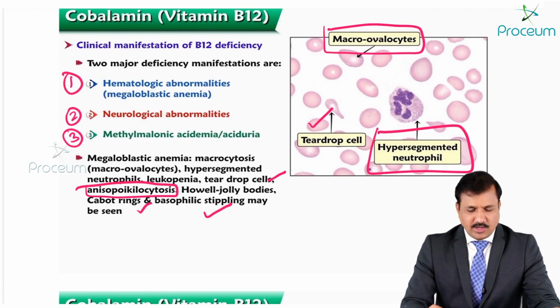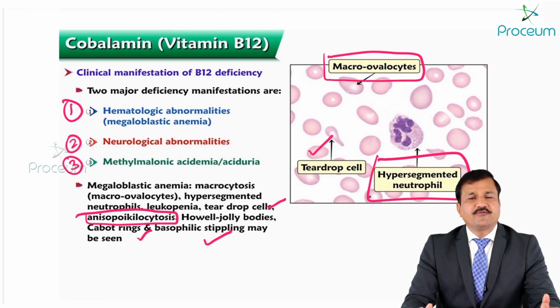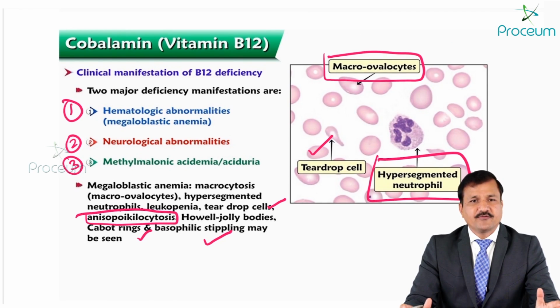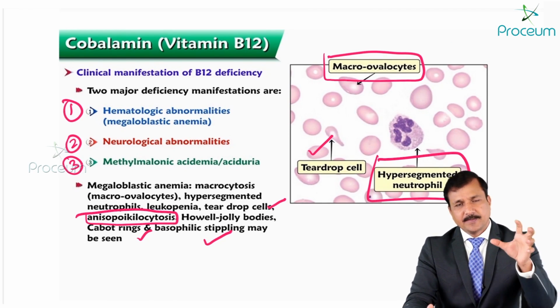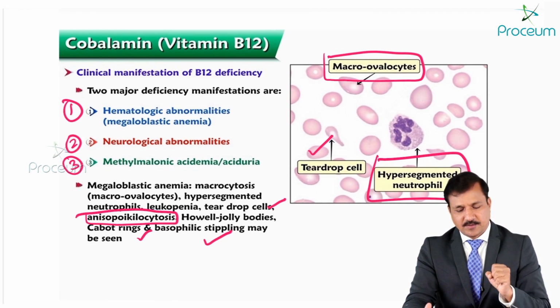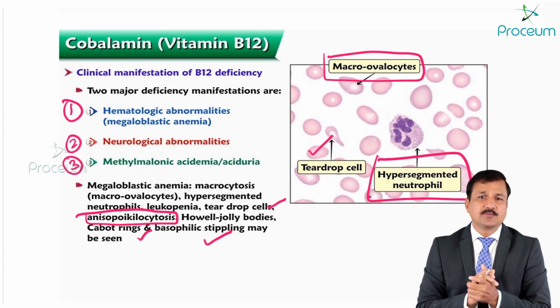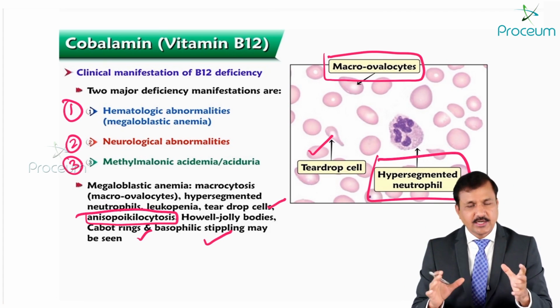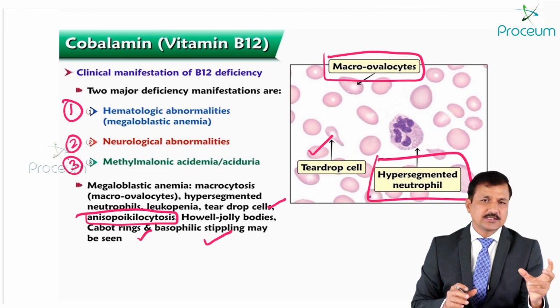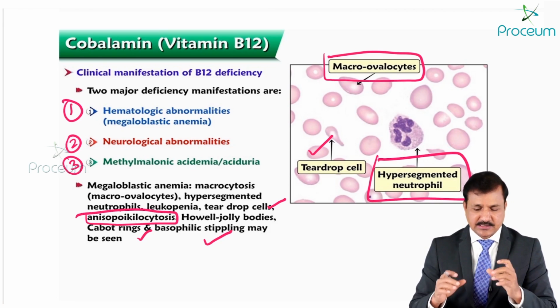Alright, so this is what we are going to see in the peripheral smear in megaloblastic anemia: macro-ovalocytosis, teardrop cells, inclusion bodies, and anisopoikilocytosis, variation in the size and shape of red blood cells.